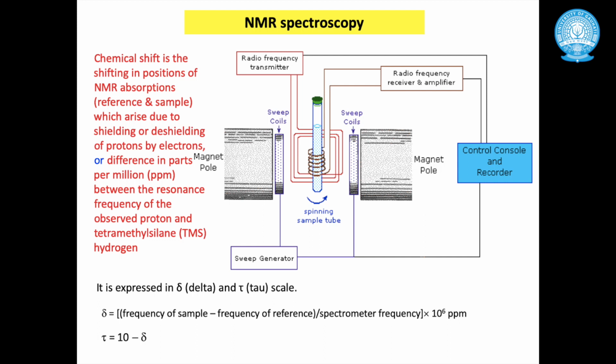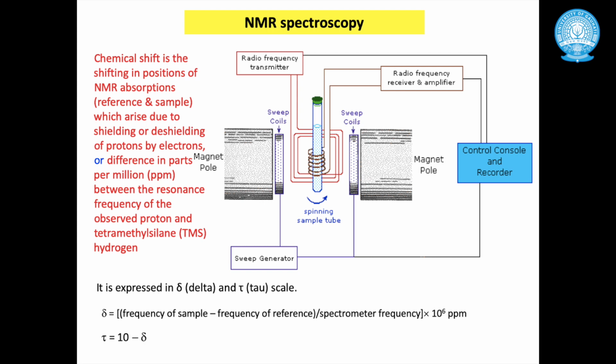So from this slide what you see is chemical shift, which is how the peaks are presented. Chemical shift is the shifting in positions of NMR absorptions of the sample in relation to the reference, which arises due to shielding or de-shielding of protons by electrons.